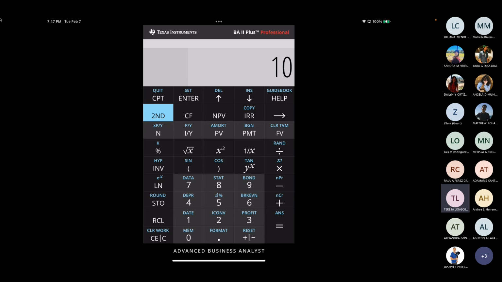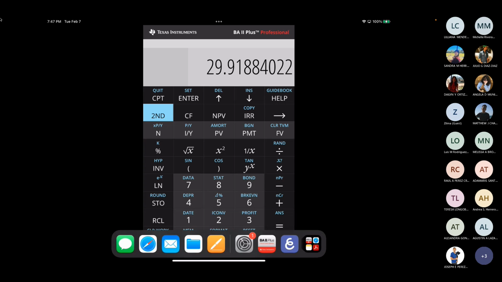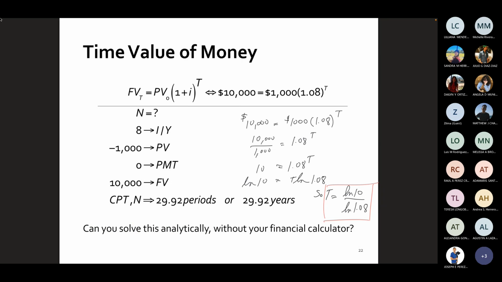So it was 10 natural log divided by 1.08 natural log and equals. Here's the steps.